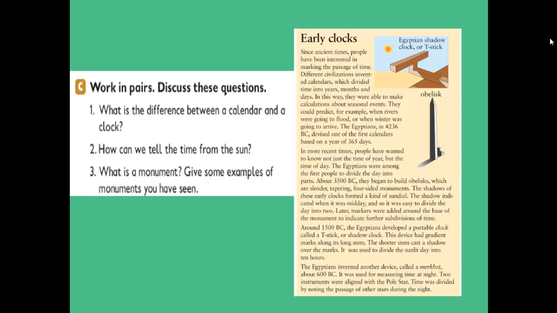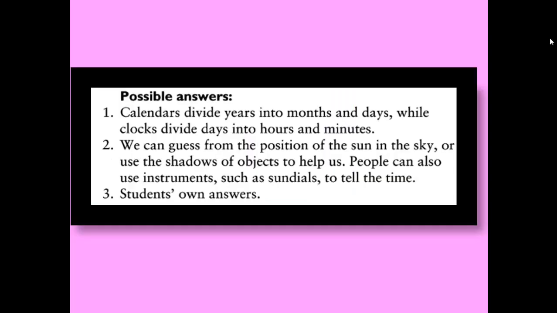Now, after reading this text, let's do practice number C, where we discuss the questions. What's the difference between a calendar and a clock? How can we tell the time from the sun? And what's a monument? Give some examples of monuments you have seen. The answer to the first question is: calendars divide years into months and days, while clocks divide days into hours and minutes.